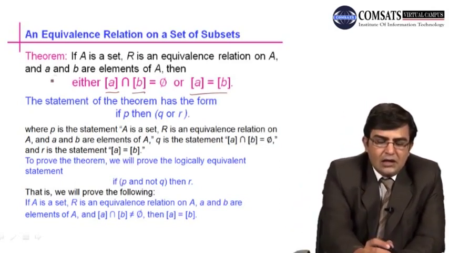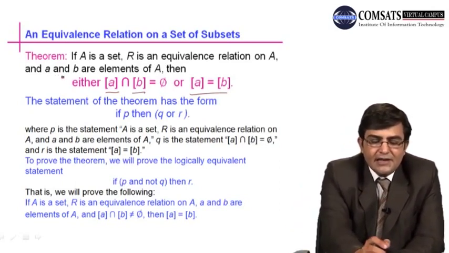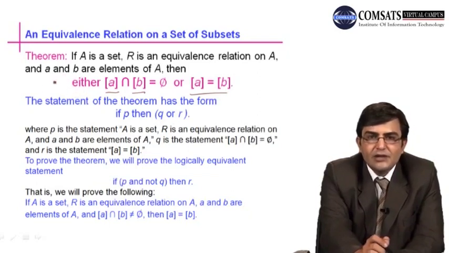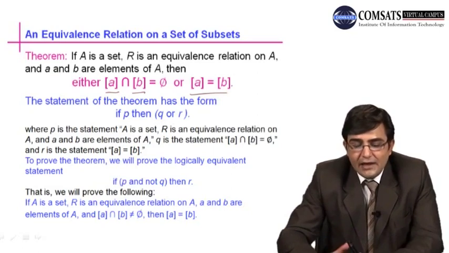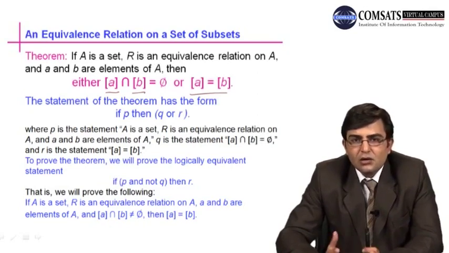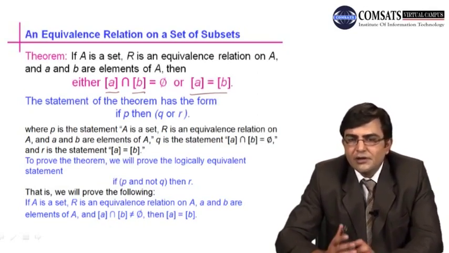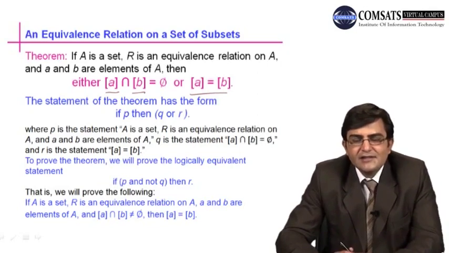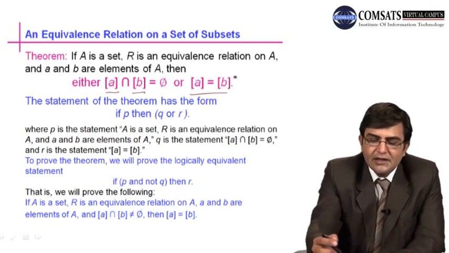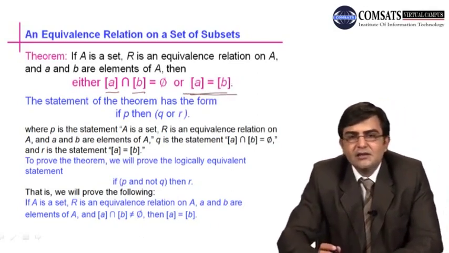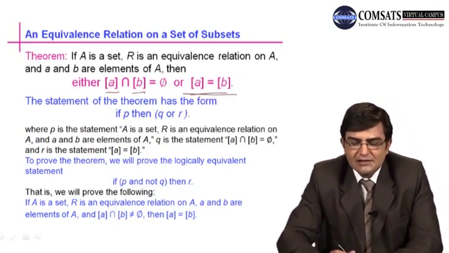Now in the previous theorem we had that a is related to b, but here we don't have that. So in a relation R, there are two possibilities: either a is related to b or a is not related to b. If a is related to b, then we have the previous theorem: the equivalence class of a is equal to the equivalence class of b.